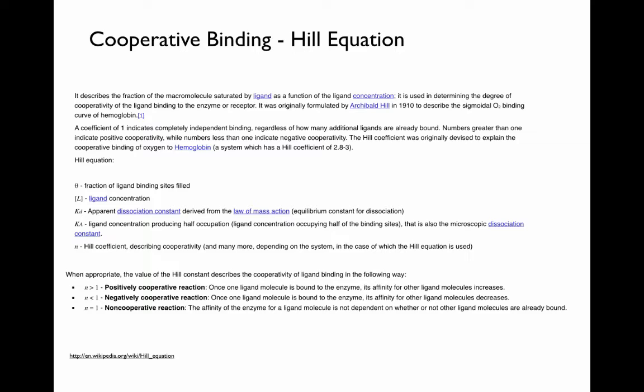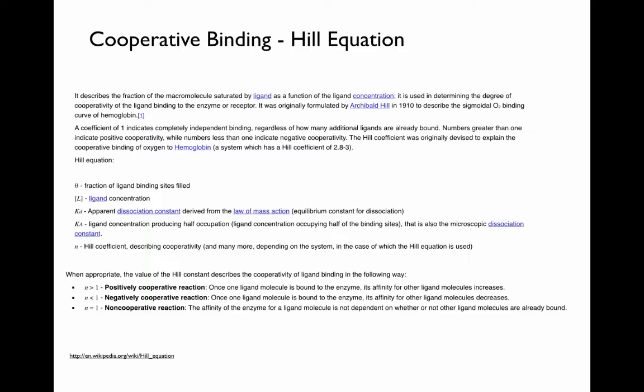So a coefficient of 1 indicates completely independent binding. So no matter how many ligands are bound, you don't get any effect in the affinities to change that. Numbers greater than 1 on the slope will indicate positive cooperativity. Numbers less than 1 are negative cooperativity.